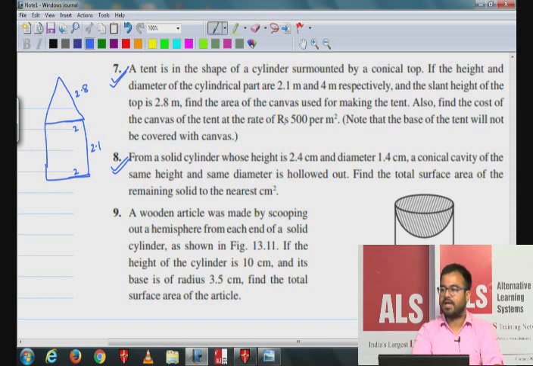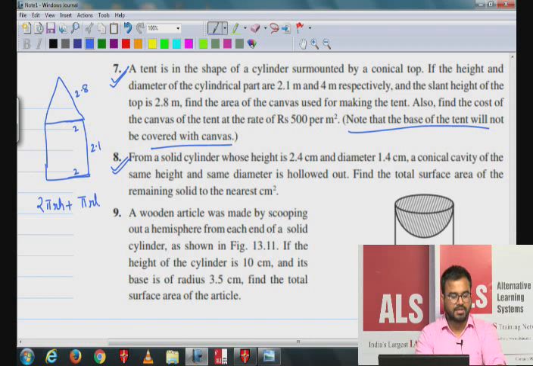So find the area of the canvas. If you have to figure out the area of the canvas, basically it is again the same thing: curved surface area of the cylinder and curved surface area of the cone. It is also mentioned that the base of the tent will not be covered with the canvas, so we don't have to consider that base. So only the curved surface area of the cylinder, which is 2 pi r h, plus the curved surface area of the cone, which is pi r l.